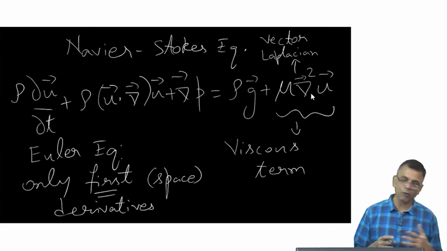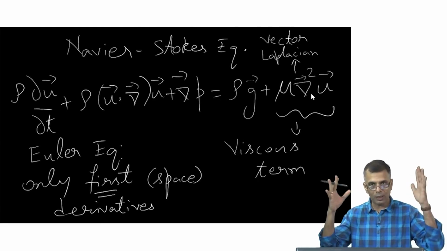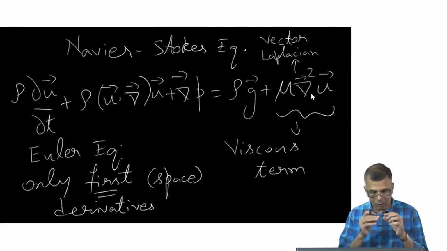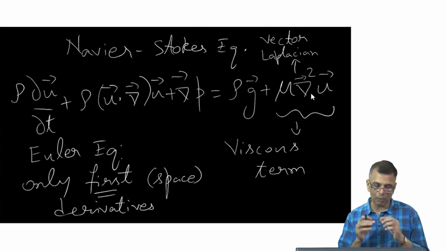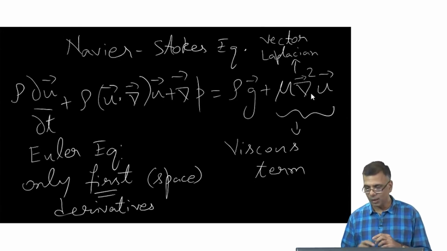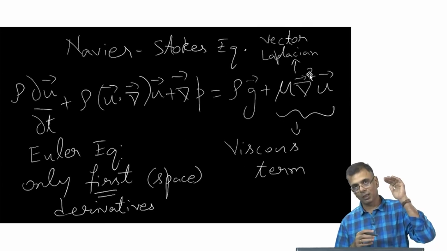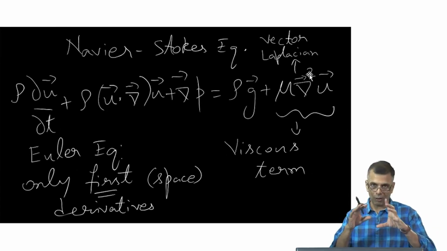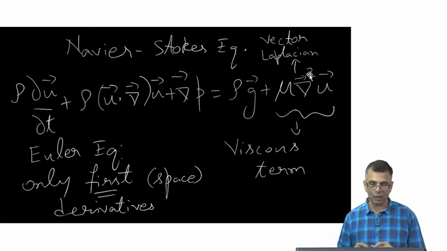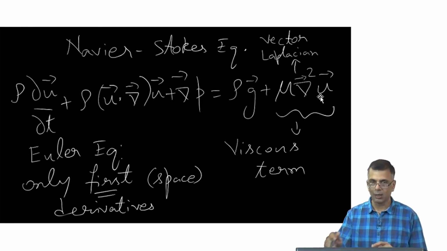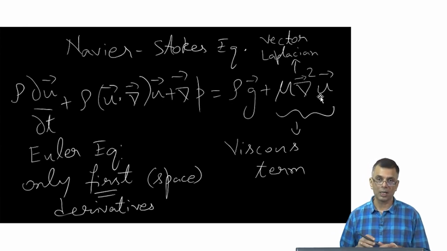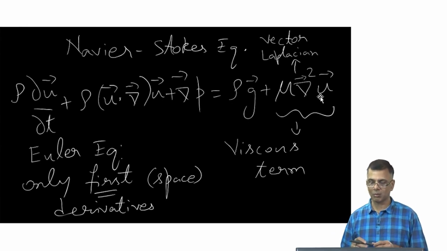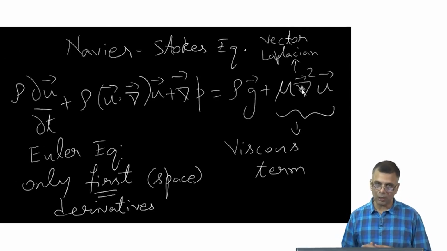But close to the boundary, like the blade of the fan or very close to this sphere, this term might well assume importance, and the viscous term becomes important. This was my main point.